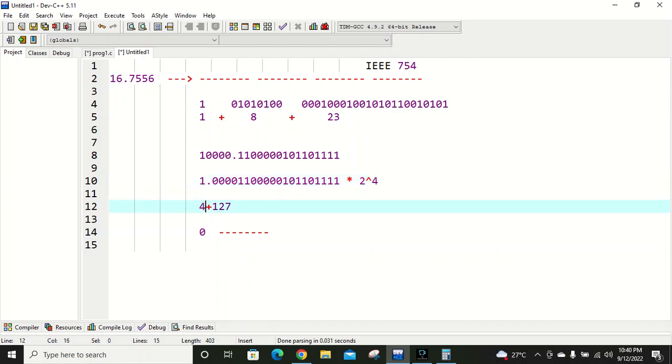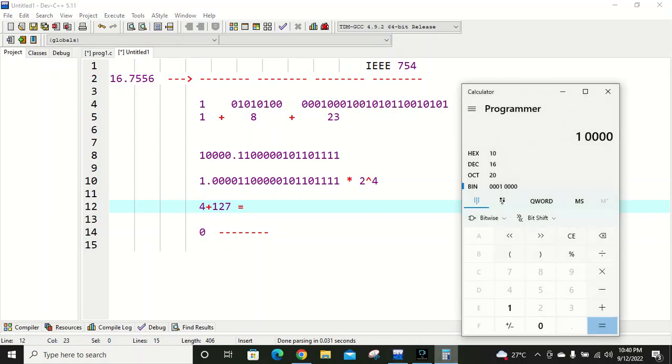So I am adding 4 in this. So actually I am doing 4 plus 127, and what is this value? I can use the calculator. 4 plus 127. Okay, here in decimal I am taking 4 plus 127. It always happens that 127 is added as a bias.